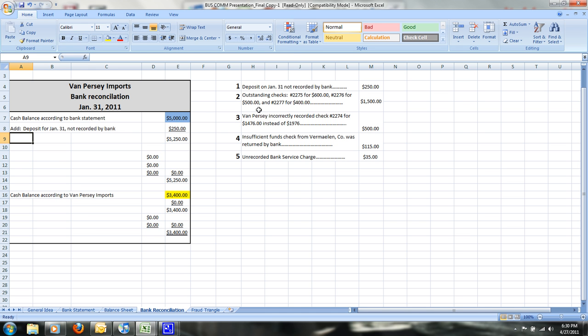Next, our second adjustment says we have outstanding checks for $600, $500, and $400 for a total of $1,500. We need to subtract those because those are checks that our company has paid out and recorded on our books, but the bank does not have them recorded yet.